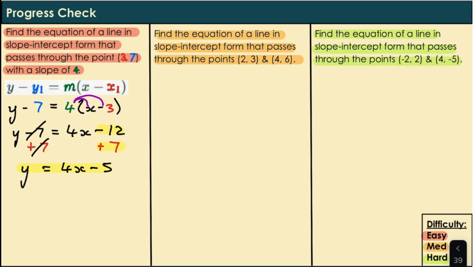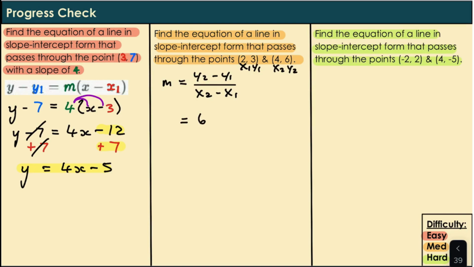Second question, find the equation of a line in slope-intercept form that passes through the points 2, 3, and 4, 6. So we'll use our slope formula, m equals, we label those points, x1, y1, x2, y2. Now we just have to correctly substitute.